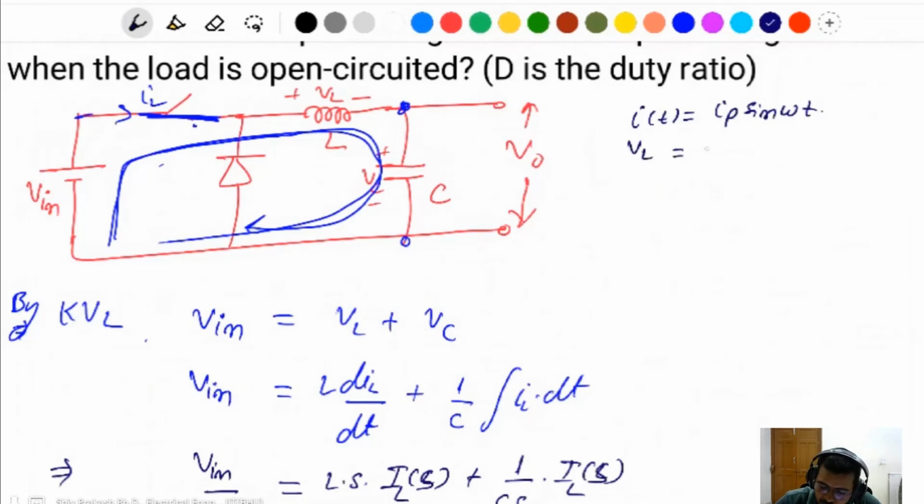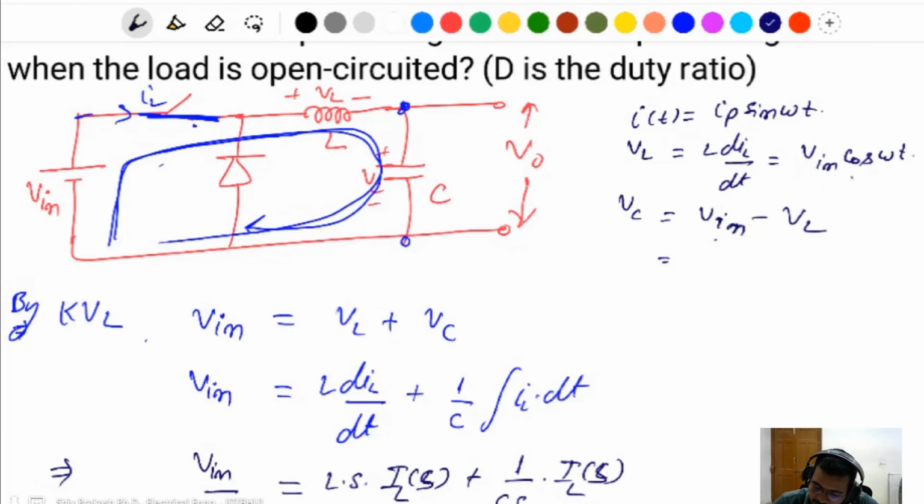VL is equal to L di/dt. Differentiating this, you can get V in cos omega t. Everything cancels out, please do it by yourself. And VC is equal to V in minus VL, with VL as V in cos omega t. Then taking V in common, we get V in times 1 minus cos omega t.